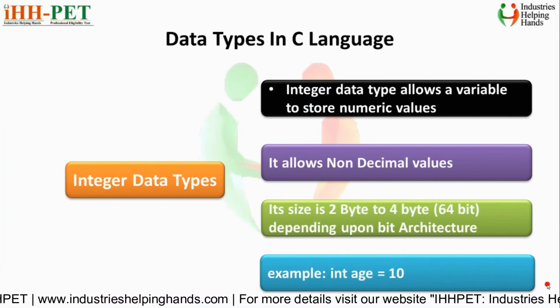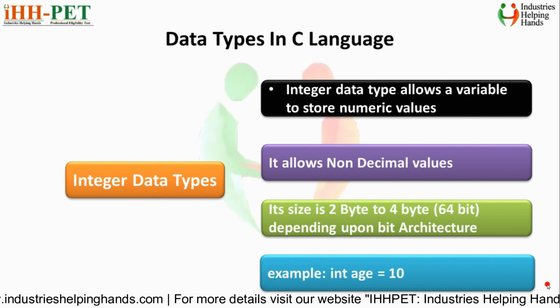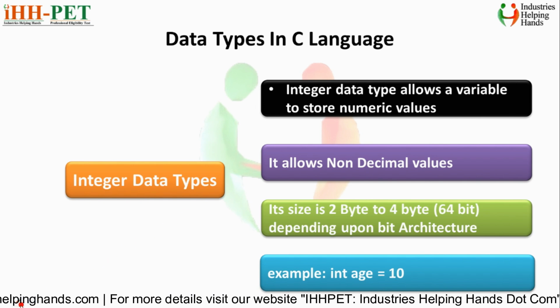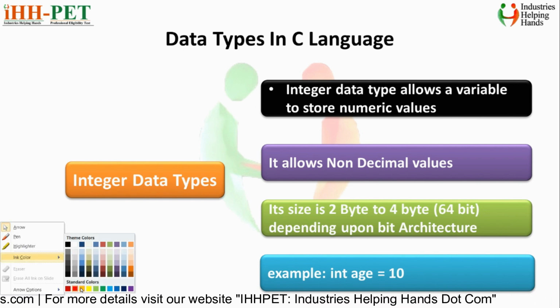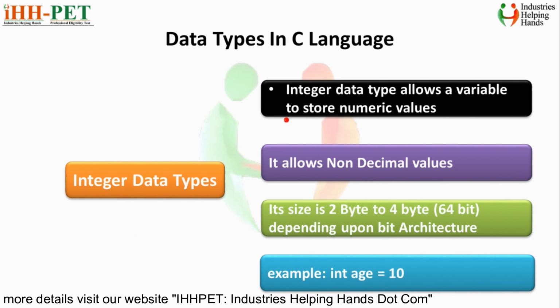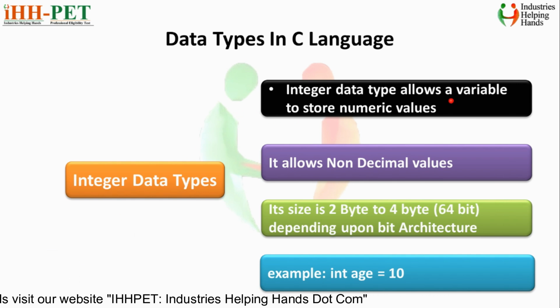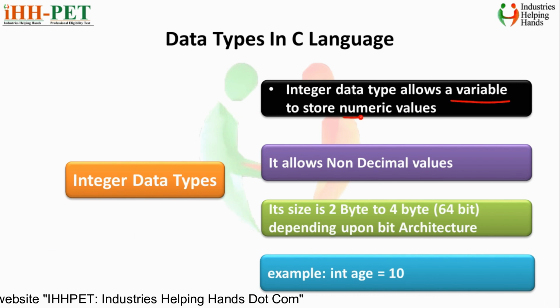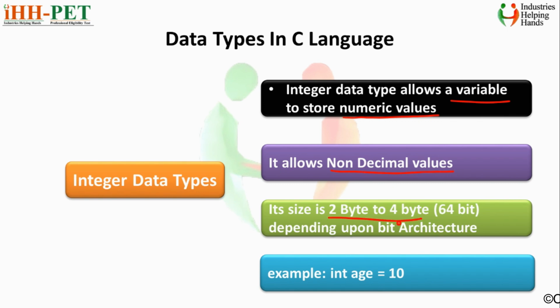Now I am explaining all the data types in detail. First I want to tell you something about the integer data type. The integer data type allows a variable to store numerical values which contain non-decimal values, and its size is 2 byte to 4 byte.